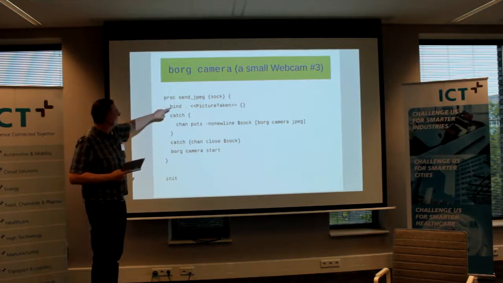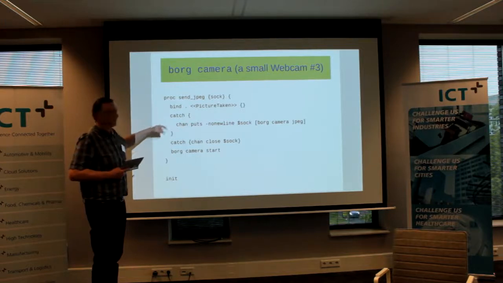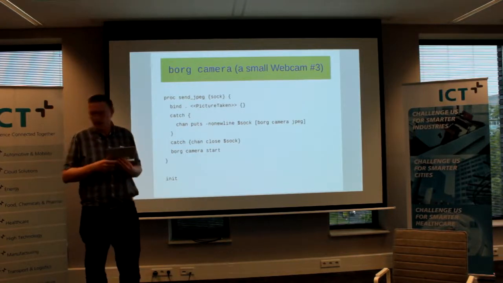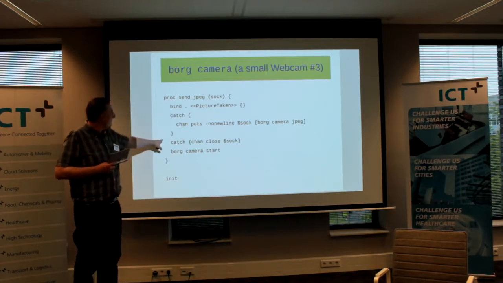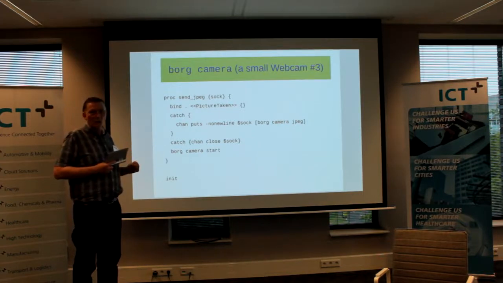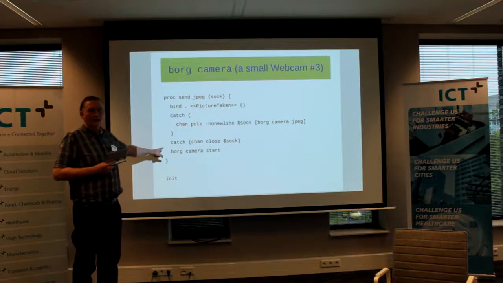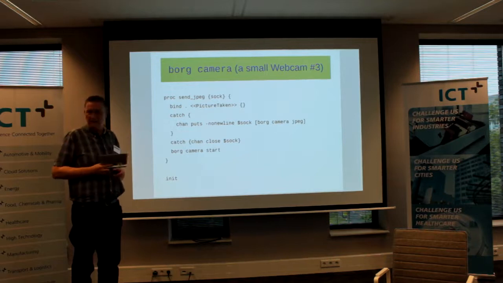We unbind the picture taken and send the JPEG data as byte array on the socket, and you receive it in your web browser. And after that, we close the socket and restart the preview mode of the camera. Otherwise, the camera would be idle, and we would not see any further pixels in the preview.